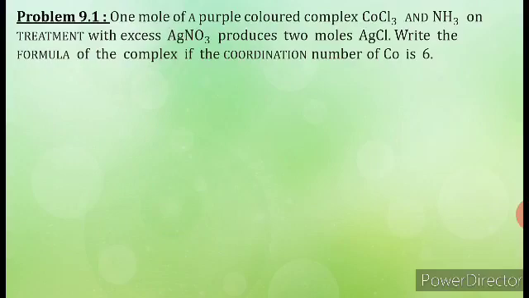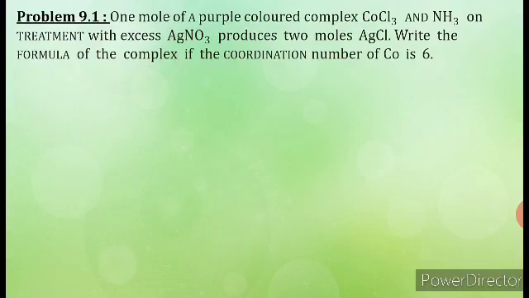Means how many ammonia molecules are inside the coordination sphere? 5. Then what will be the formula? In the coordination sphere, 5 ammonia molecules and 1 chloride ion are present, and outside the coordination sphere 2 chloride ions are present, which react with silver nitrate and give 2 moles of silver chloride.